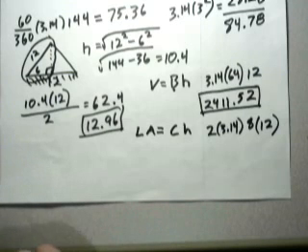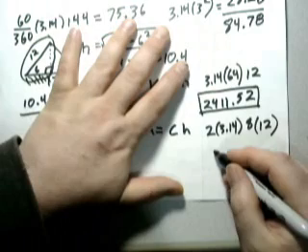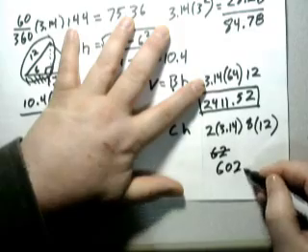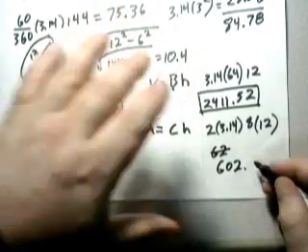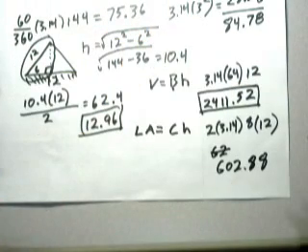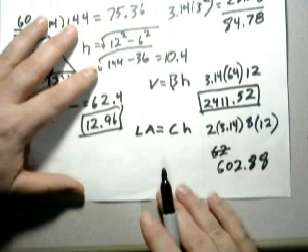So 2 times 3.14 times 8 times 12. That is equal to 602.88. That's the lateral area.